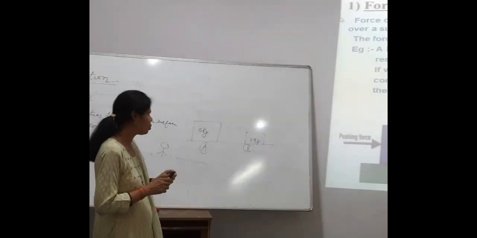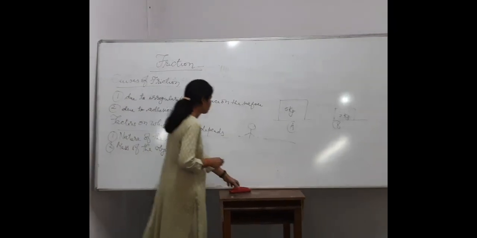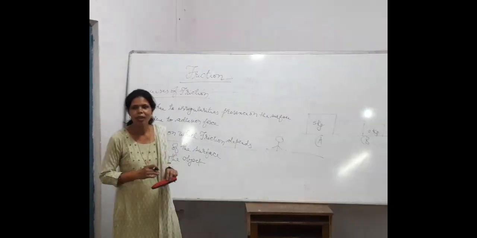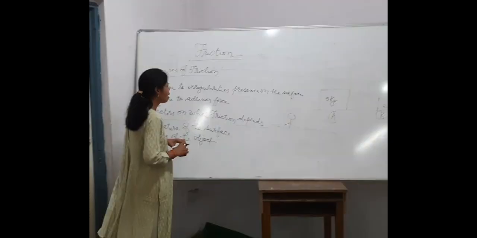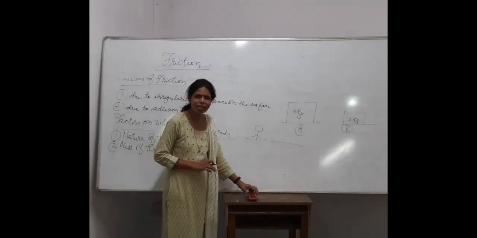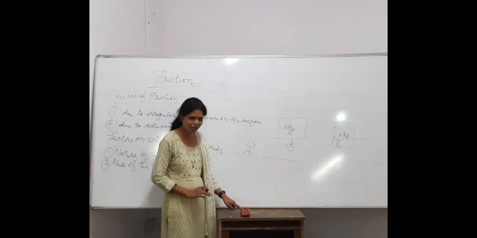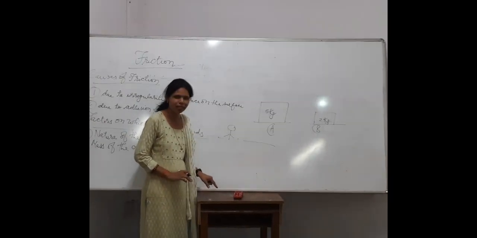Now I will tell you the types of friction. There are 3 types of friction: static, sliding, and rolling friction. When an object starts moving from rest, like this duster at rest, when I push it, it starts moving.